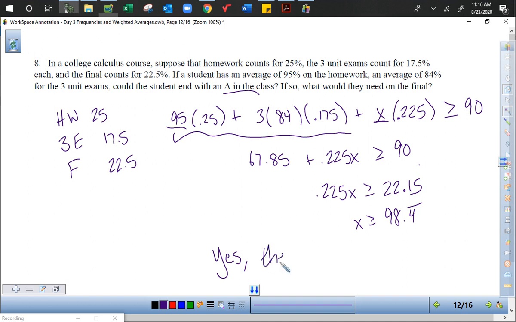I would say they would need a 99 or above because all these other scores are rounded to the whole number. Alright, so that gives you an idea of how you can solve for missing pieces. You will have problems like that on your homework, so if you struggle at all, please reach out to me.